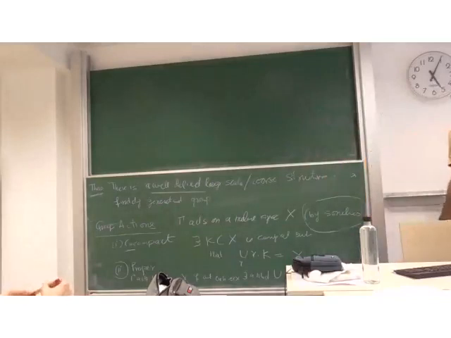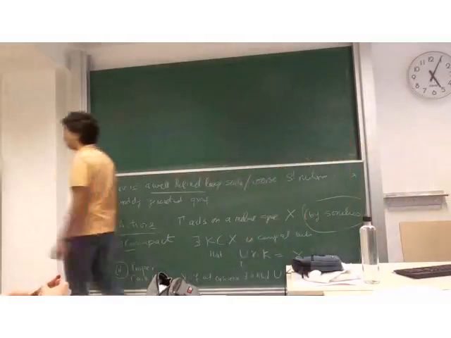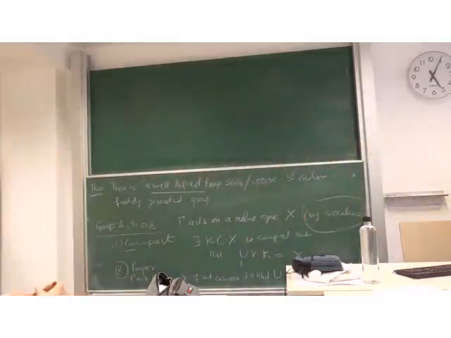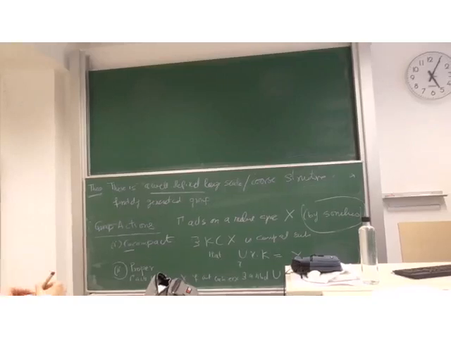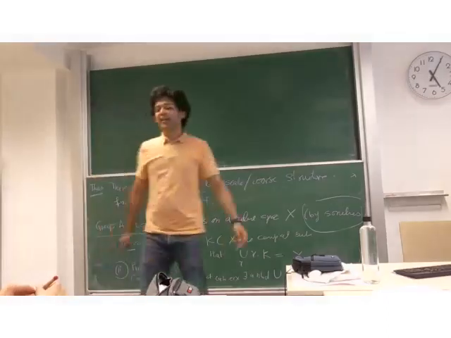The nicest example would be the integers acting on R. Why? Is there a compact set whose translations will cover all of R? If you take the closed interval [0,1] and translate it by Z, you get all of R. So this is certainly co-compact. Is this proper?